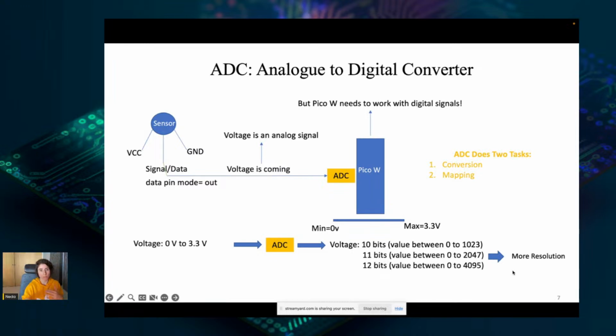When I choose more bits, it means more resolution. So as you can see, ADC does two tasks: conversion and mapping.